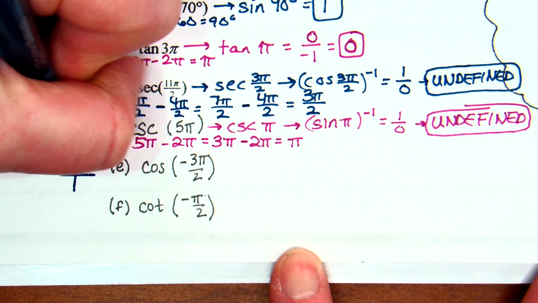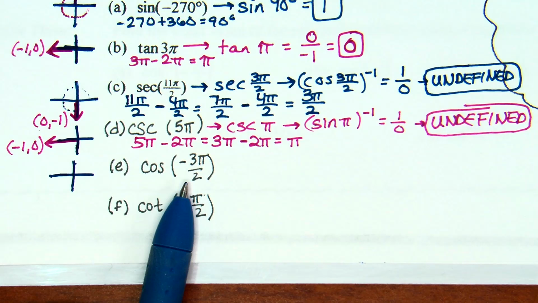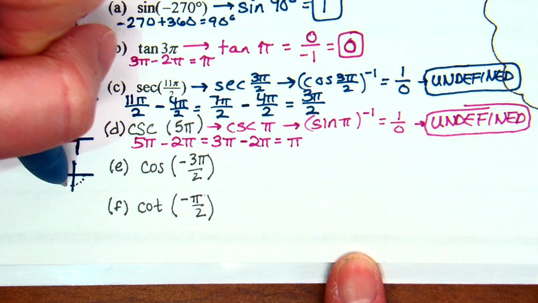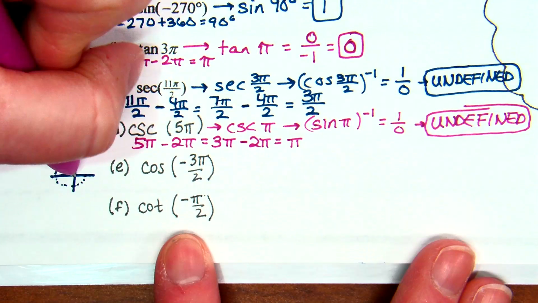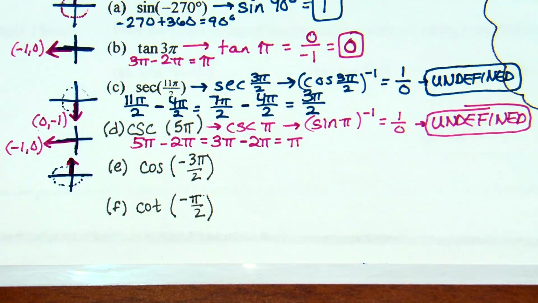Can you visualize where negative 3 pi over 2 is going to go? Yeah, if I go negative 3 pi over 2, there's negative pi. Negative 3 pi over 2 puts me basically up at pi over 2. You guys are going to say up at 90, as long as you have the location.